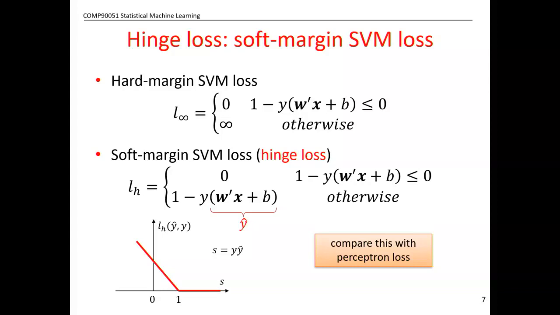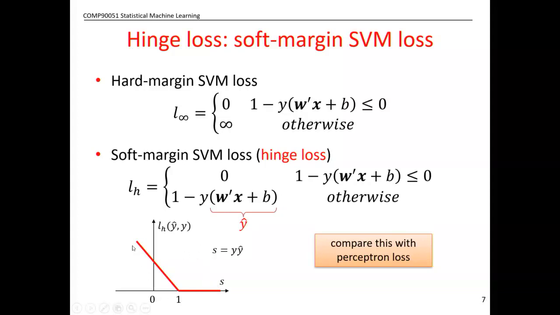But a lot of loss functions only depend on y times y hat, which is why I'm plotting it with respect to y times y hat, which I'm calling S, not to be confused with the weighted sum. So if we let S be y times y hat, where the sign tells you are you right or wrong, and the magnitude tells you how wrong or how right you are, I could plot what this loss function is doing with respect to that thing. Okay, and so that's what I'm doing here.